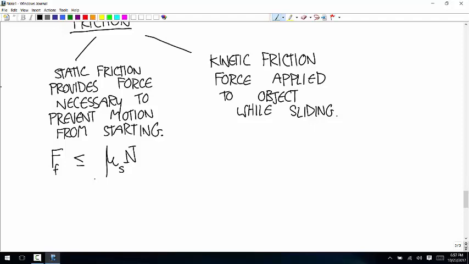Kinetic friction. Once it starts sliding, the force of kinetic friction, F_f is force of friction, is always, it's not up to a certain value, it's always equal to the constant of kinetic friction, that's mu sub k, times the normal force.